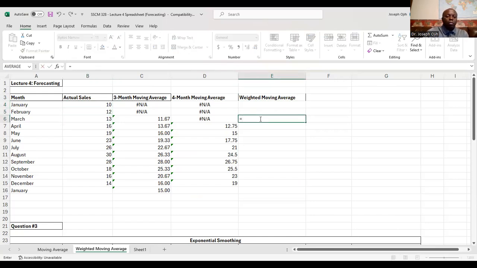Equal. We have the weights: 3 for the month of March, 2 for the month of February, and 1 for the month of January.